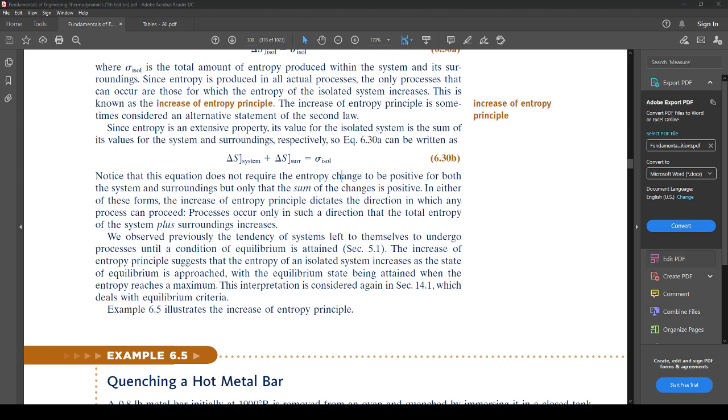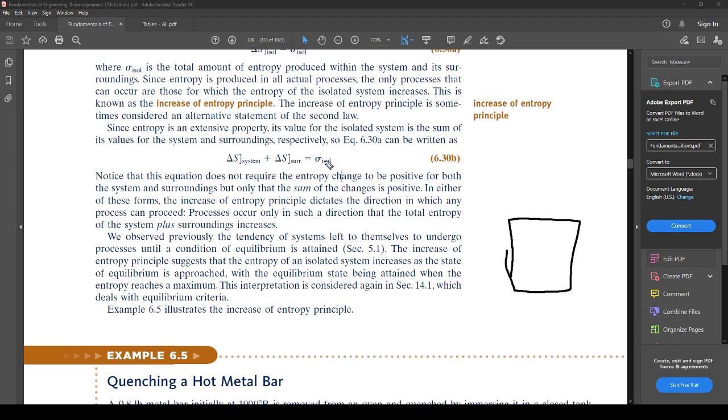So what they are saying is this: inside of our system here, this oddly shaped box, there is no heat transfer bringing entropy in or removing entropy, right? Because remember, entropy is accompanied by heat transfer, entropy addition or subtraction.